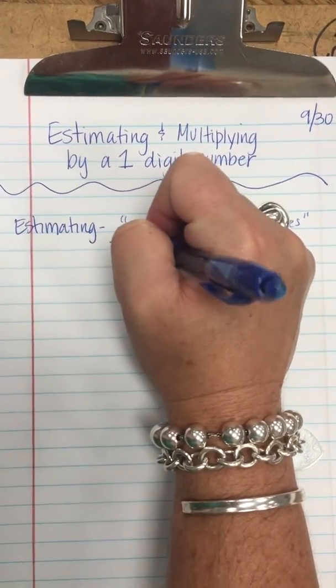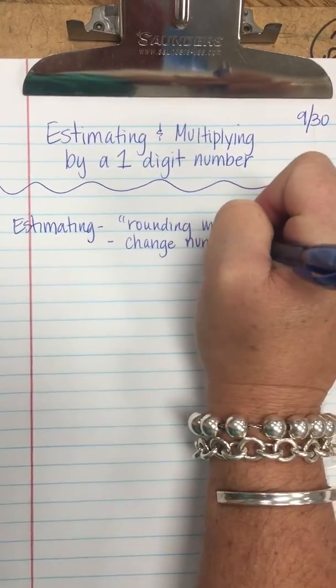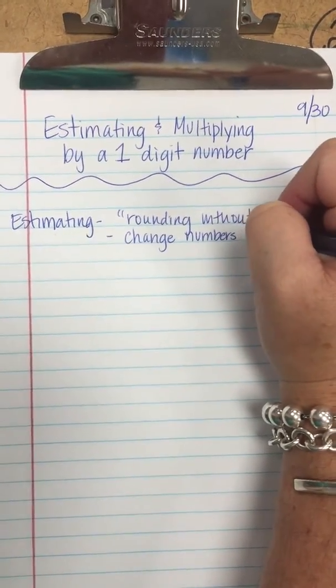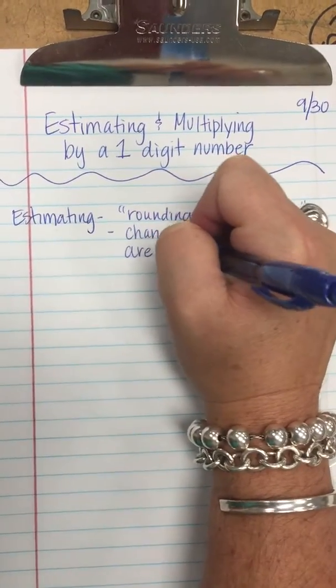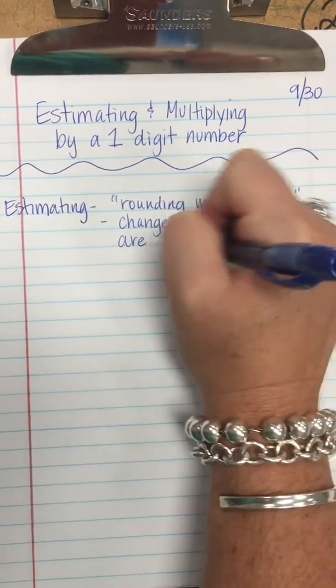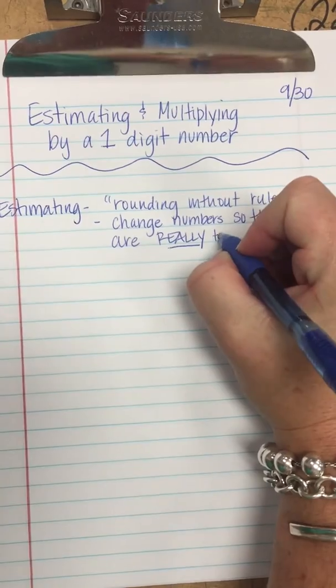You want to be able to change numbers so they are really easy to multiply. Okay?